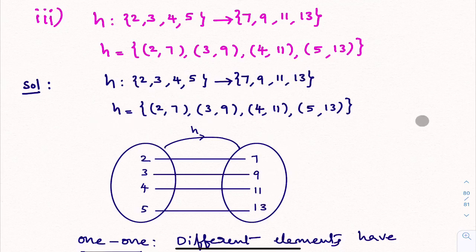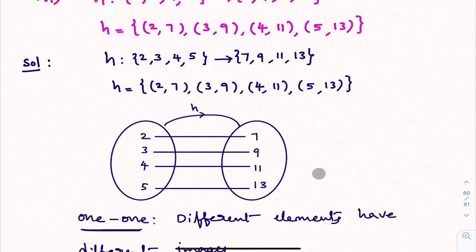As the function is defined like this, I'll map 2 is related to 7 like this. 3 is related to 9. 4 is related to 11, 5 is related to 13. I have written like this. Now the point is, I'll check whether this is a 1-1 function or not. As per the definition, what is a 1-1 function? Different elements in the first set must have different images in the second set.